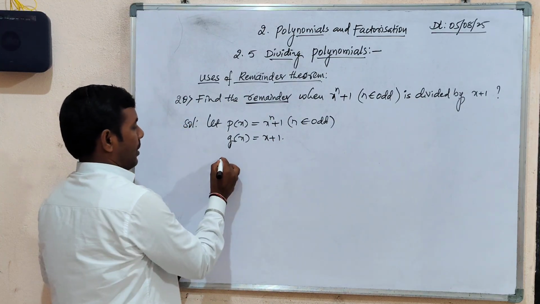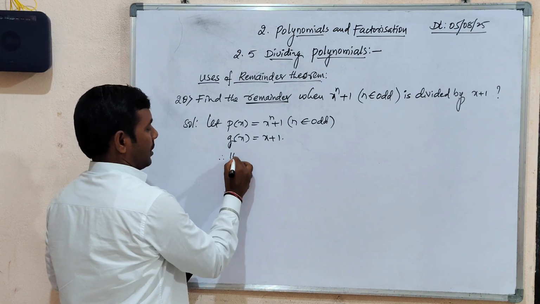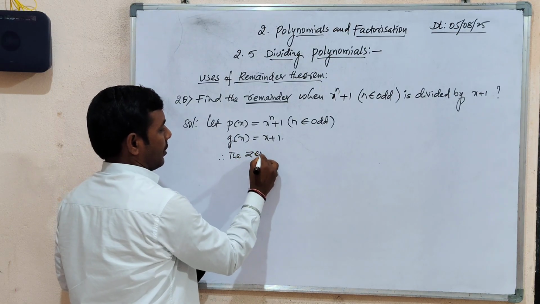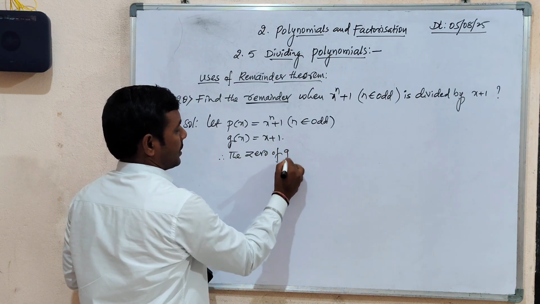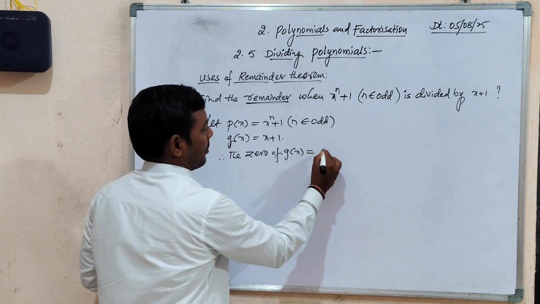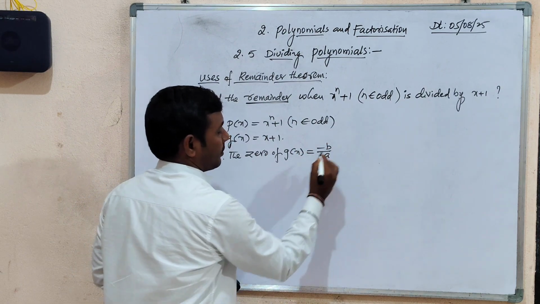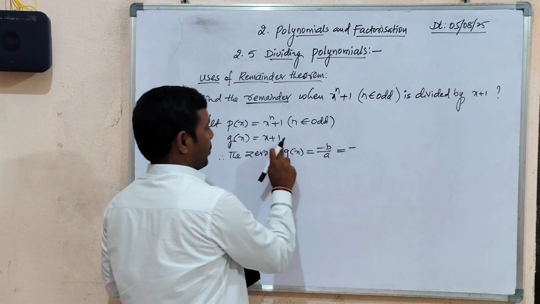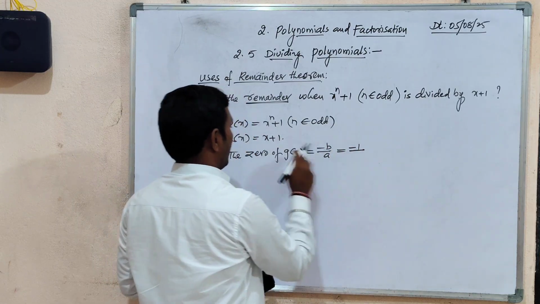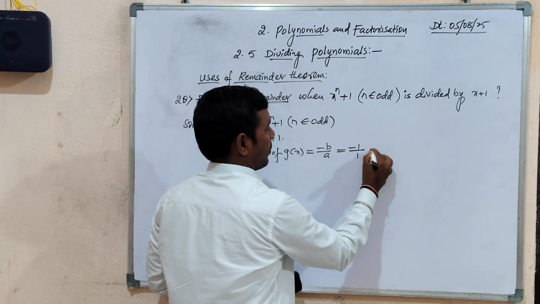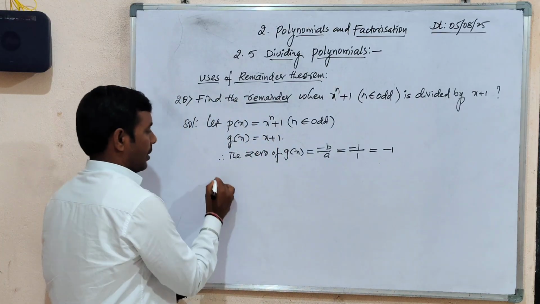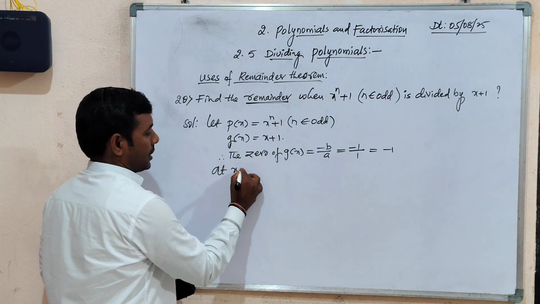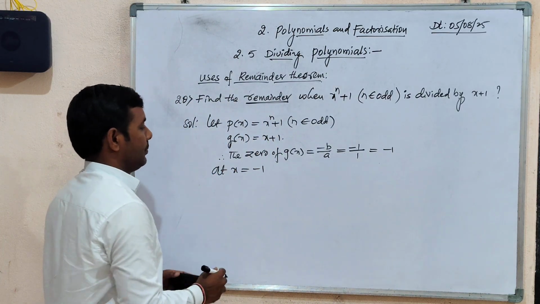Here first, the 0 of g of x. The formula is minus b by a. Minus b, b is 1, and a is 1. So the answer is minus 1. x is equal to minus 1.